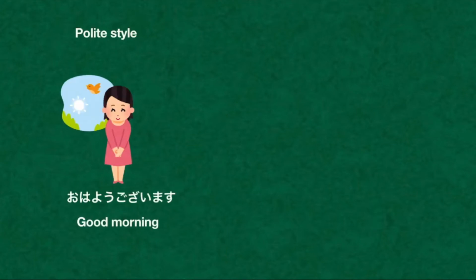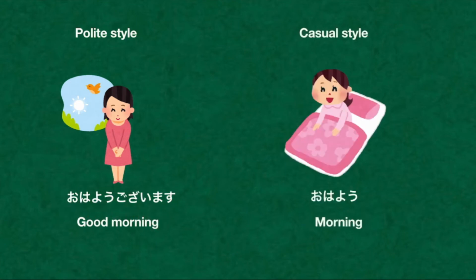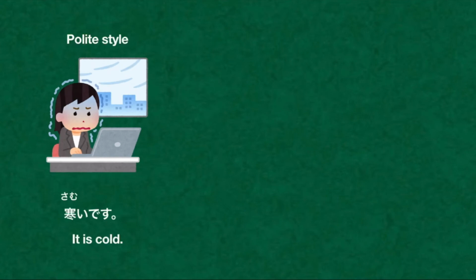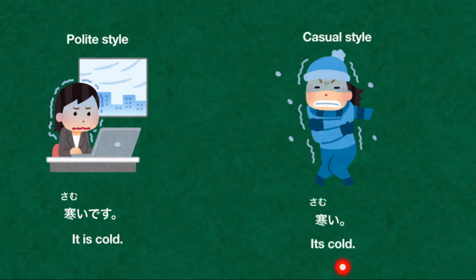Polite style: おはようございます. Casual style: おはよう. Polite style: 寒いです, i-adjective. Casual style: 寒い. In this case, she talks to herself: 寒い.